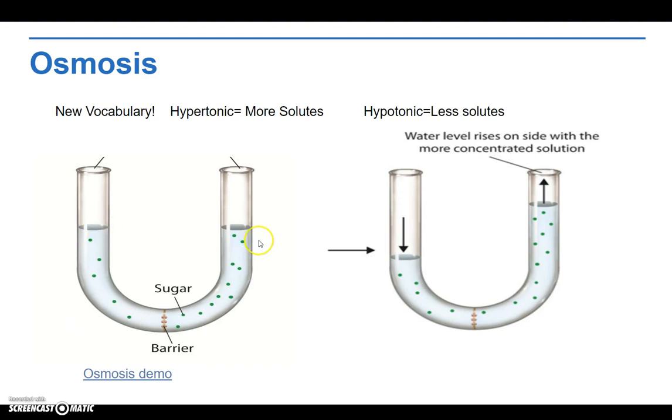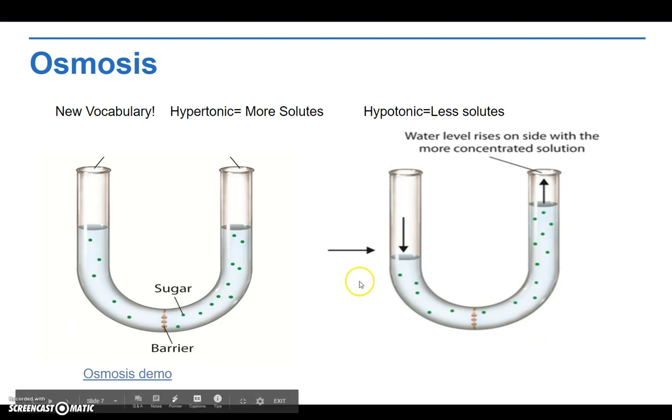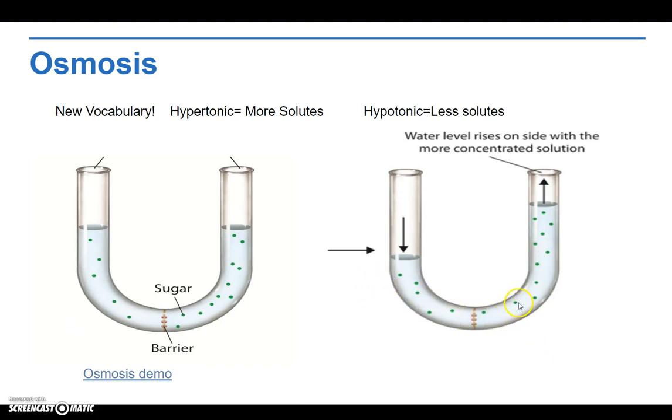Even though the levels look the same up here, that does not tell you what concentration there is. You have to look inside the tube. So this is what actually happens. Water flows across this little membrane into the other side, and it's trying to equal out the number of water molecules. Once they get equal, the term becomes isotonic. Okay, we'll get to that in just a minute.